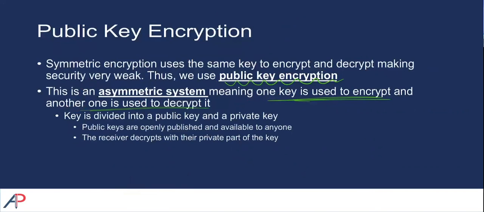This is different because you use one to encrypt and one to decrypt. We have something called a public key and a private key. So a public key is exactly what it sounds like. It is openly published and available to anyone. Anyone can see the public key. But without the private key, they are unable to decrypt it.